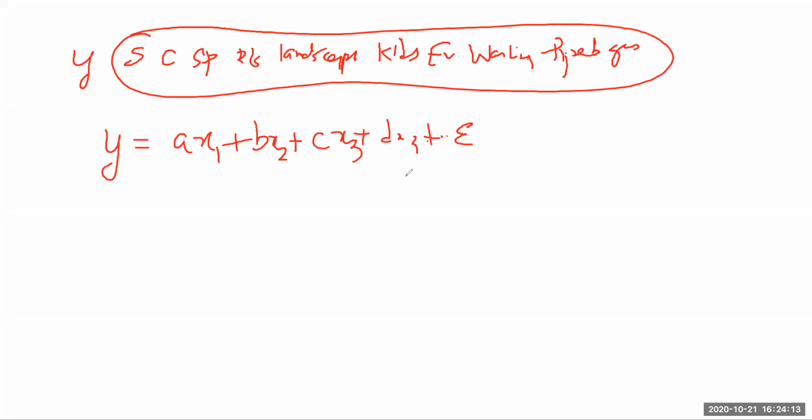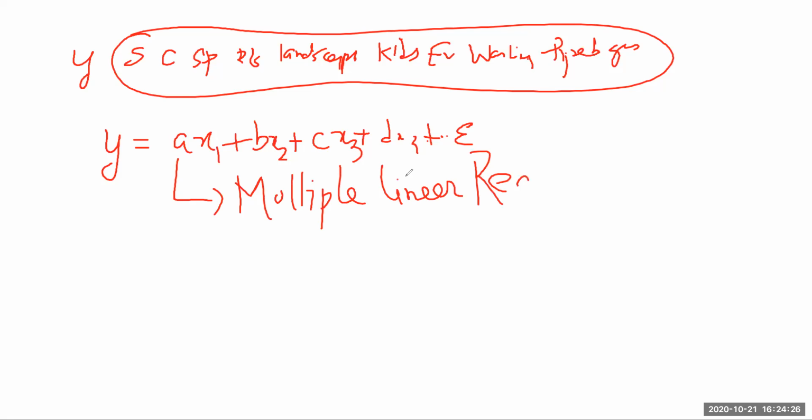And this is called multiple linear regression. What does this mean? That you have multiple independent variables and one dependent variable.